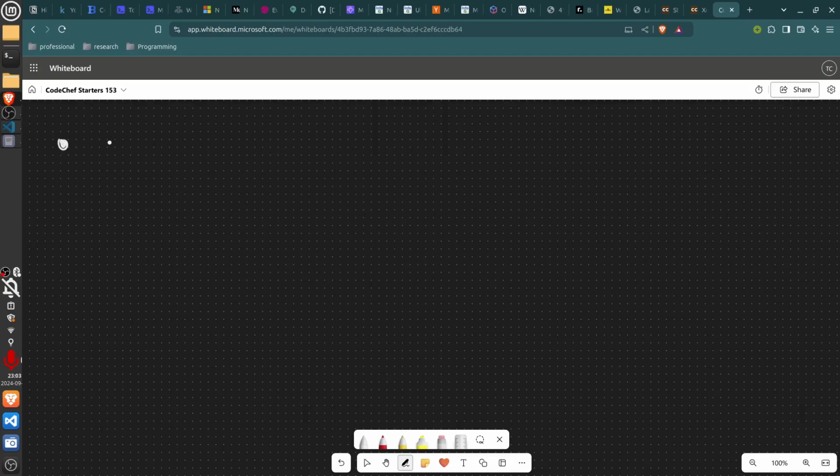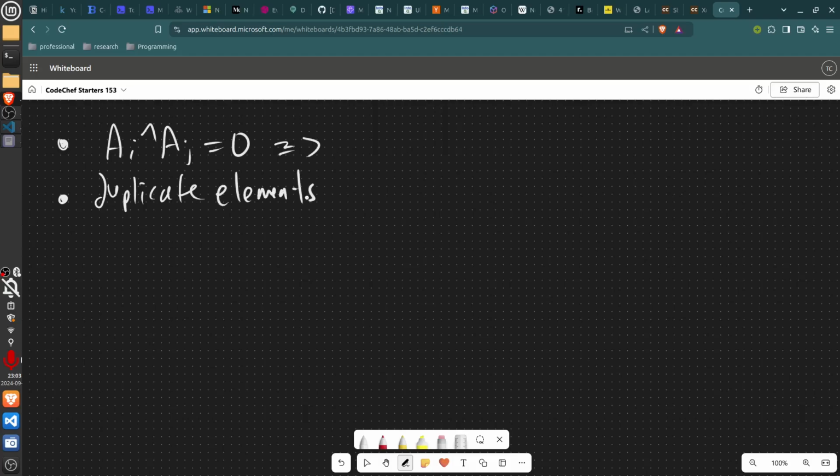The first is that AI XOR AJ can equal 0 now. That is, you can have a side length of 0, which is impossible. The second thing that happens is you can have duplicate elements. Those are basically the two things. Everything else stays the same.